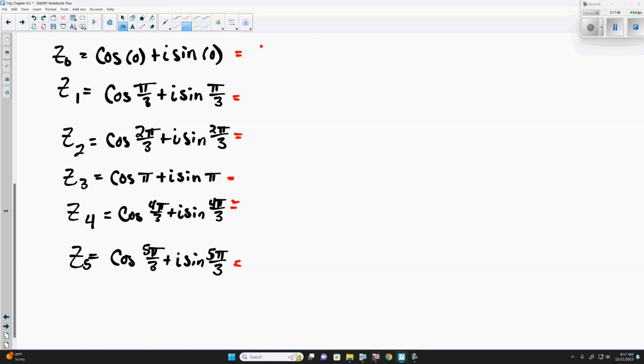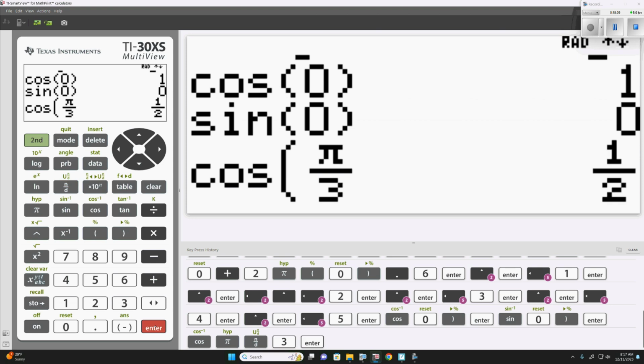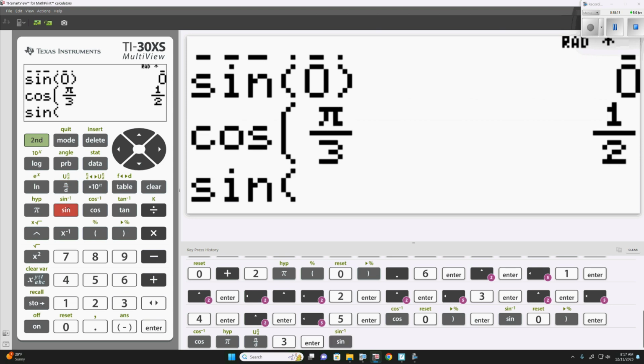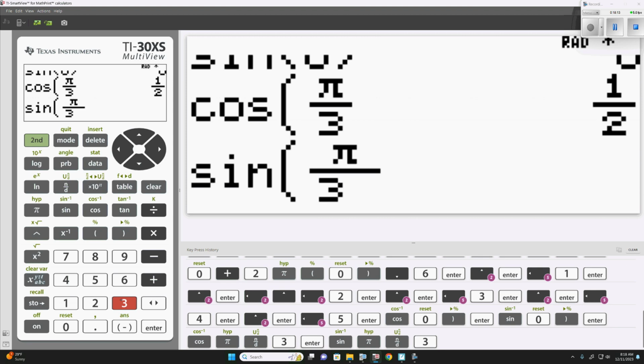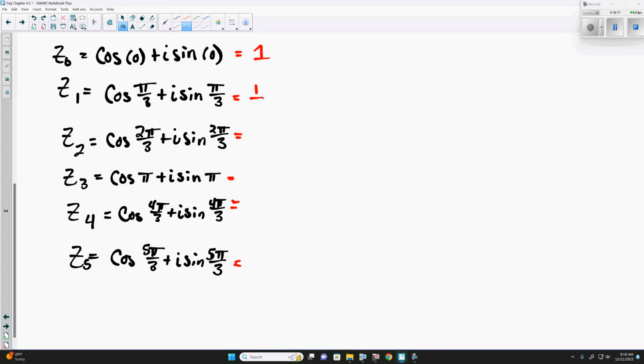So for our first root, our first answer, we get 1 plus 0i, or we can just say 1. Pi over 3: cosine of pi over 3 is 1/2, sine of pi over 3 is square root 3 over 2. So we'd have 1/2 plus square root 3 over 2 I.